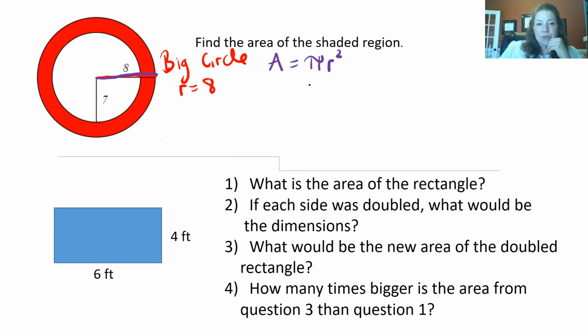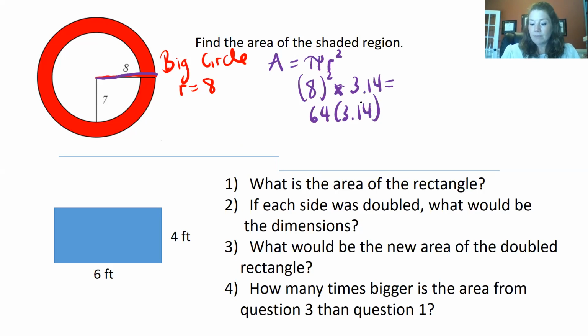So we're going to square 8 and then multiply by 3.14. So 8 squared is 64. So 64 times 3.14 is 200.96 inches squared. I guess it's inches.